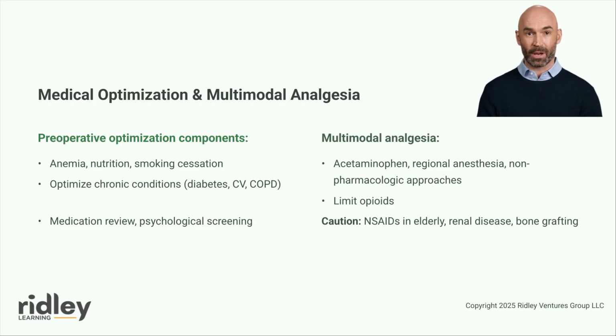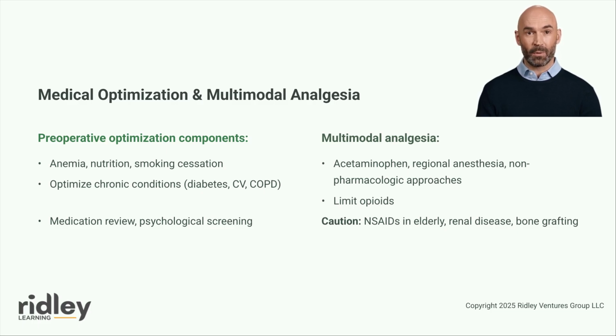Multimodal analgesia strategies emphasizing non-opioid medications, regional anesthesia techniques, and non-pharmacologic interventions represent an important component of perioperative optimization. A 2022 randomized controlled trial demonstrated that a postoperative multimodal opioid-sparing protocol combining acetaminophen, nonsteroidal anti-inflammatory drugs, and gabapentin significantly reduced opioid consumption after shoulder arthroscopy without compromising pain control or patient satisfaction.